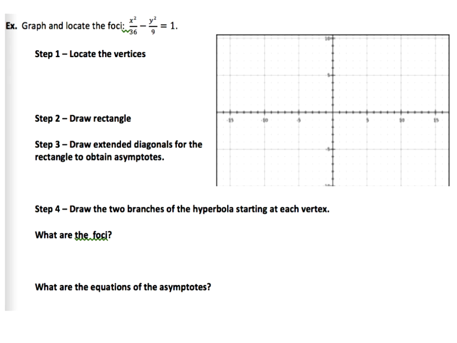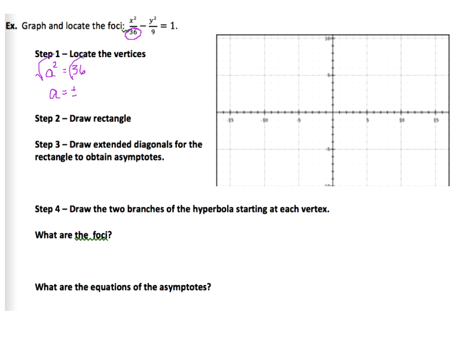So, step one, locating your vertices. Don't forget, your vertices are always given by that A value, that's A squared, but they're given by the A value. Since A squared is equal to 36, we take the square root of both sides.